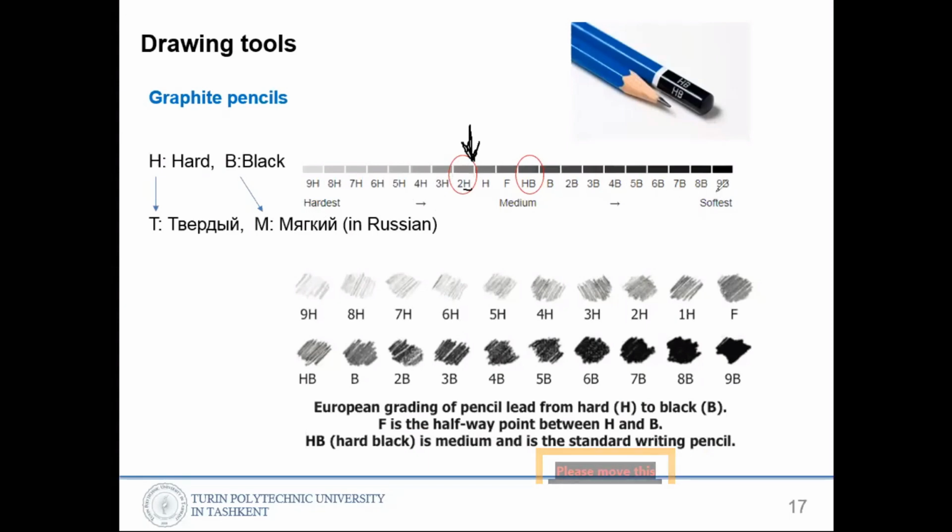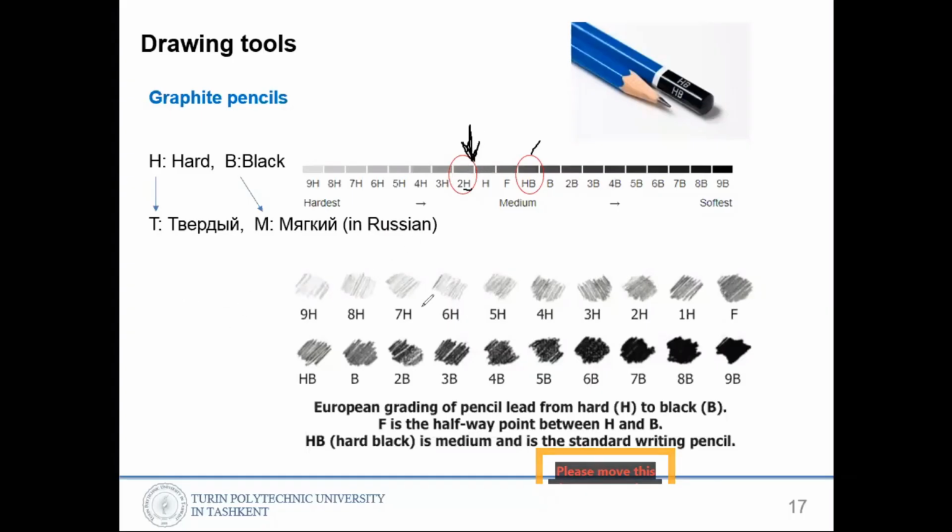Going to the B side, as the number increases, like 2B, 3B, 5B, the softness of your graphite increases. We also need an HB. HB means medium, hard and black, so that's the middle. And 2H means two times harder than H. So that is a hard pencil.